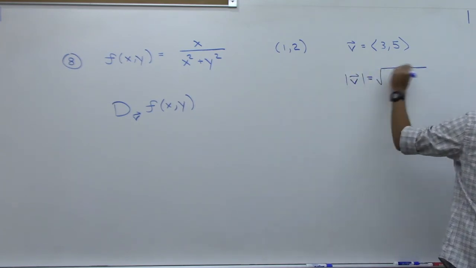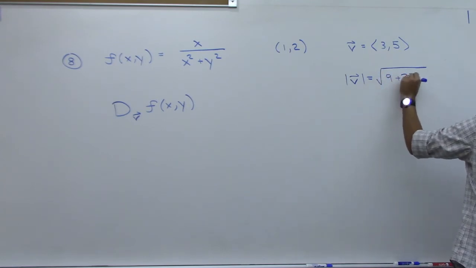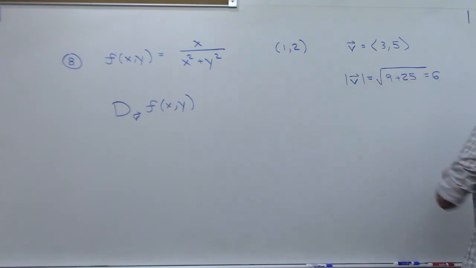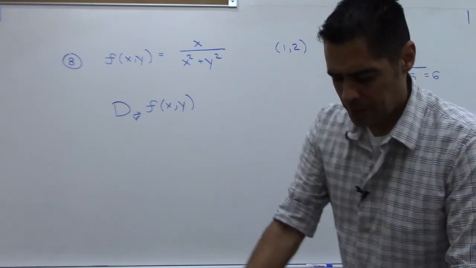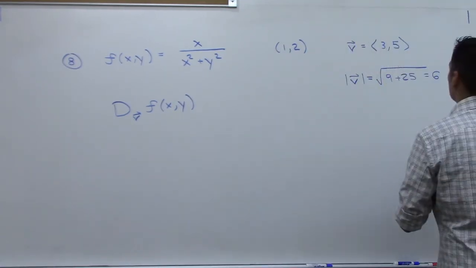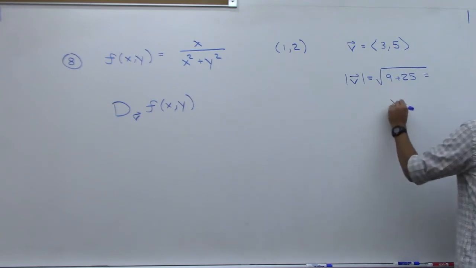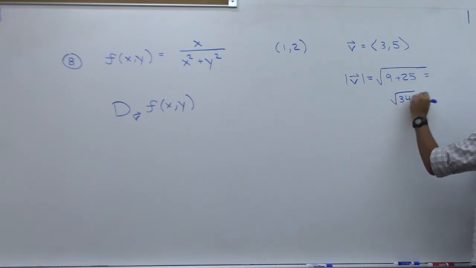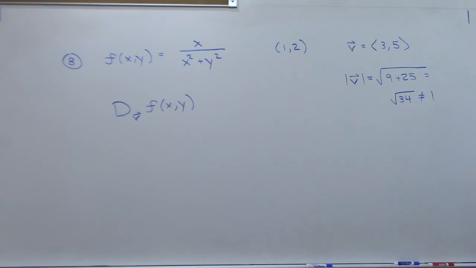Square root of 9 plus 25, which is 6. No, that's not 6. That's root 34, but it's not 1, right? So that's not a unit vector.